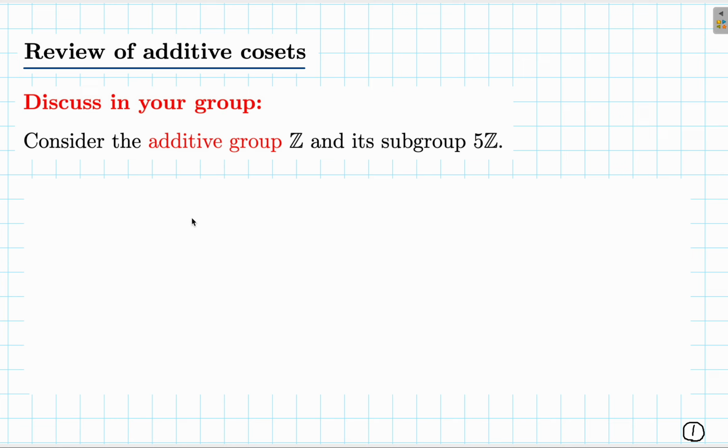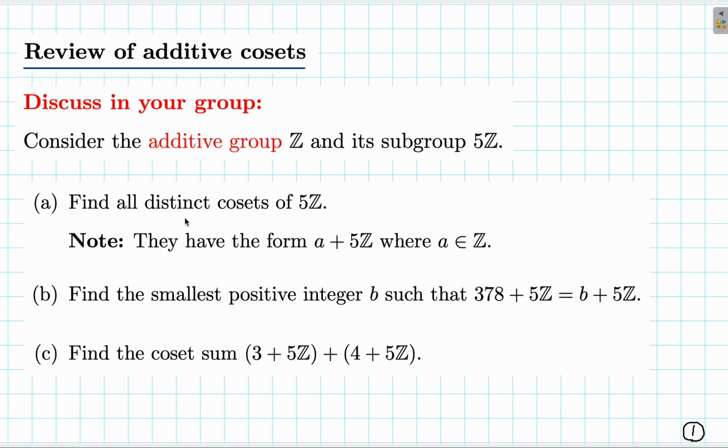Here are the opening questions. Part A, find all distinct cosets of 5Z. Now note that since the operation here is addition, these cosets have the form a plus 5Z, where a is an integer.